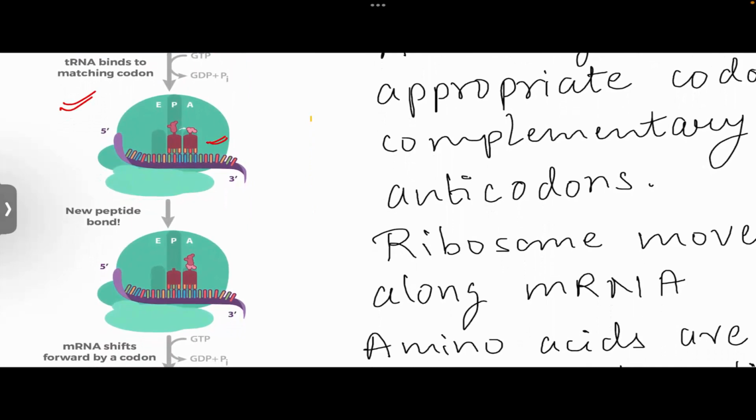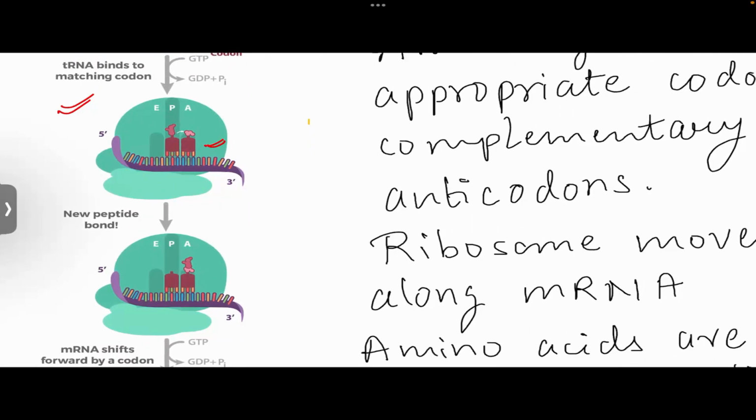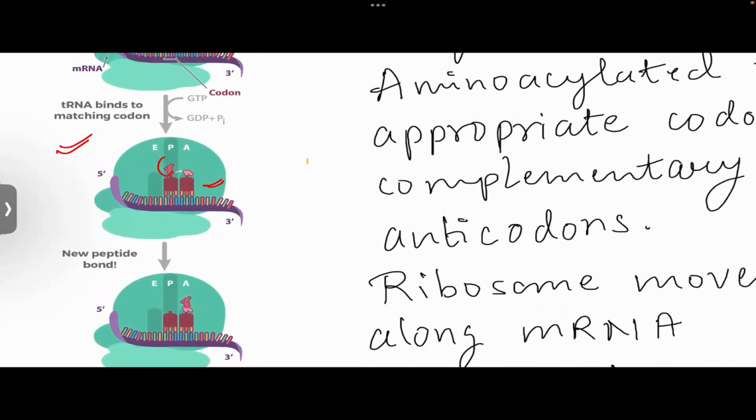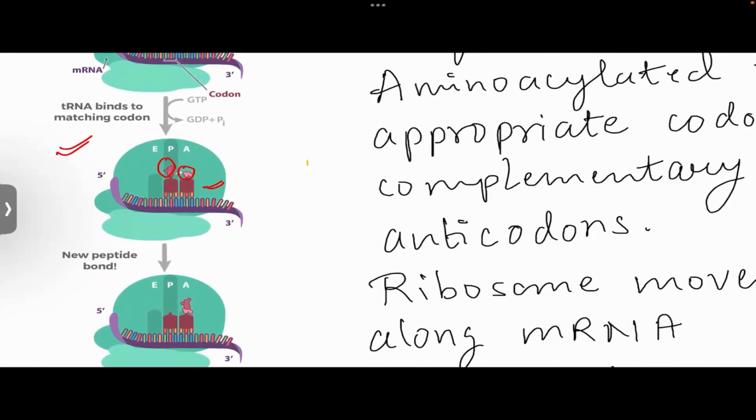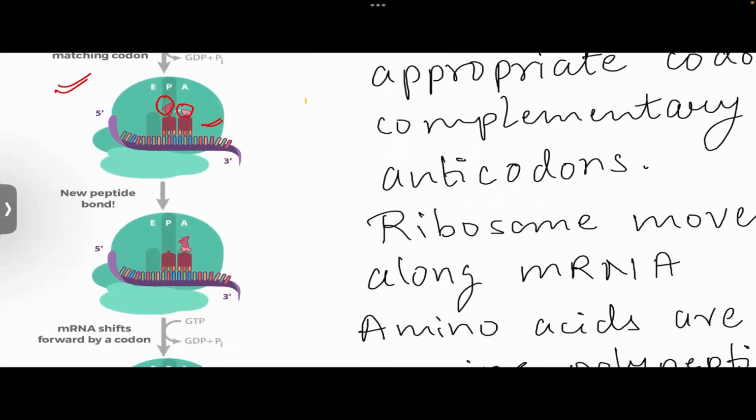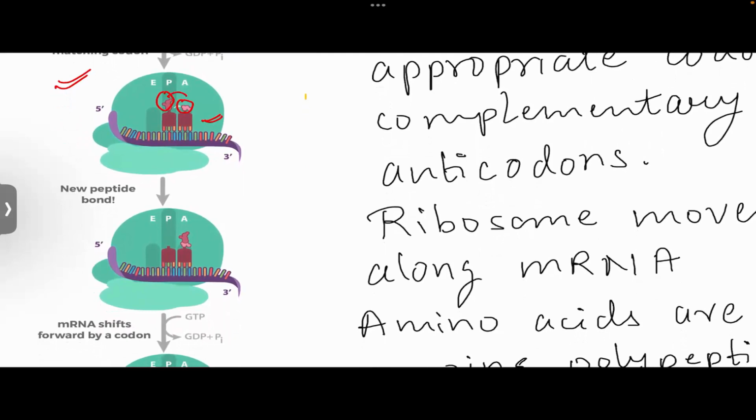Because of this binding, these two amino acid molecules are now in close contact with each other and form the peptide bond. So here the transfer happens. This methionine forms a peptide bond with, say, another amino acid, say serine, and this is the small peptide chain that has now formed.